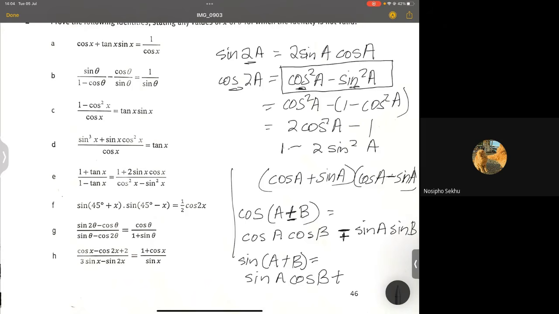So it becomes sine A cos B plus sine B cos A. The angles kind of interchange, né? So on the sine, the compound angle for sine remains as is. If it's a plus there, it becomes a plus. If it's a minus, then it becomes a minus. Are we together, ladies and gents?